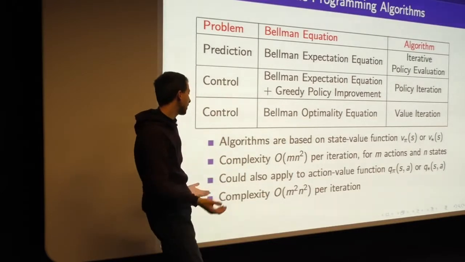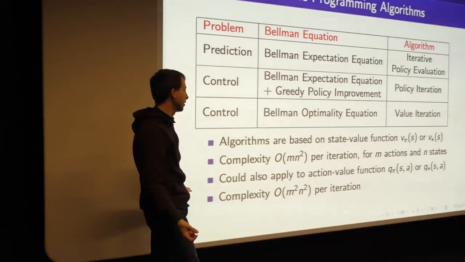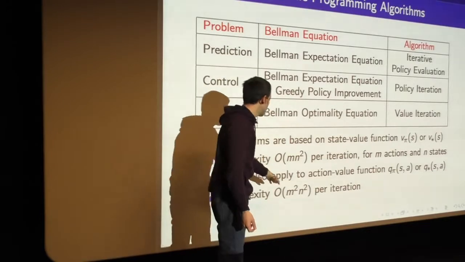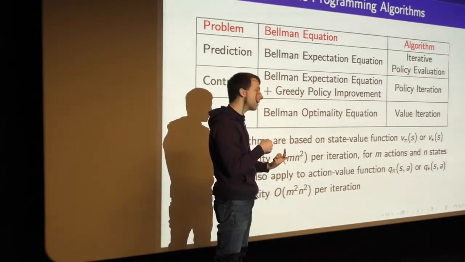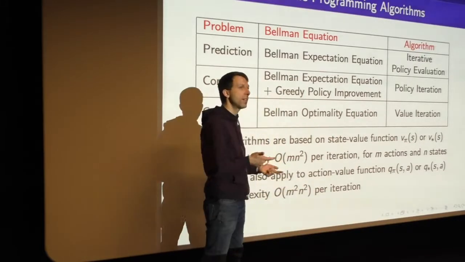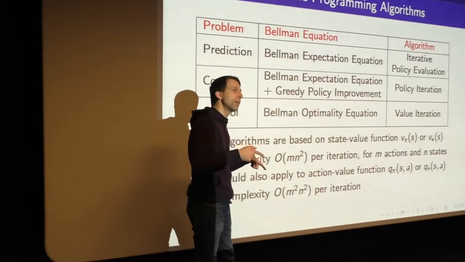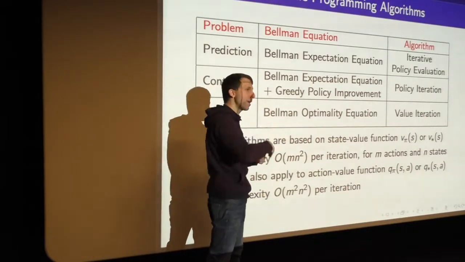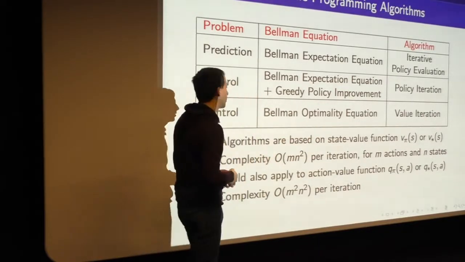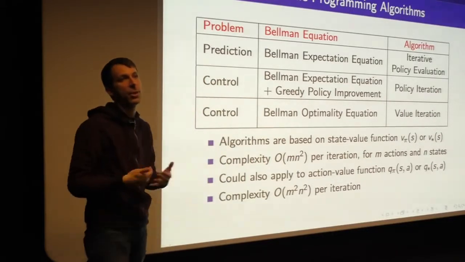One reason we haven't discussed them is that they're high complexity. You start with your Q, so you have to consider all state action pairs, so that's mn things that you consider, and now we're considering all next state actions that we take at the successive step, which is another mn, so you get m squared n squared. It's just a more expensive version of value iteration.